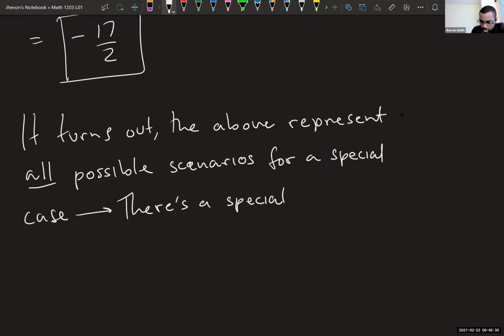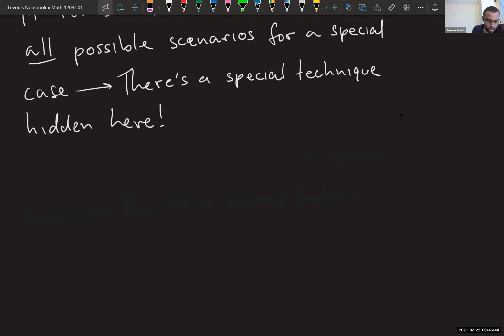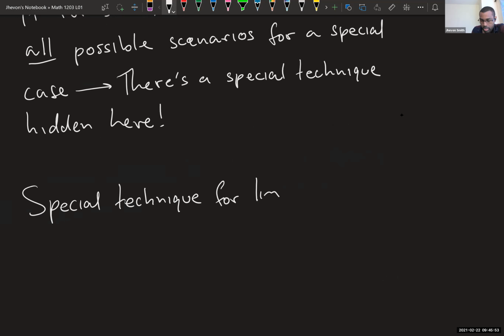Super duper special jutsu. Okay, so this is the technique. Special technique for limits at infinity of rational functions.